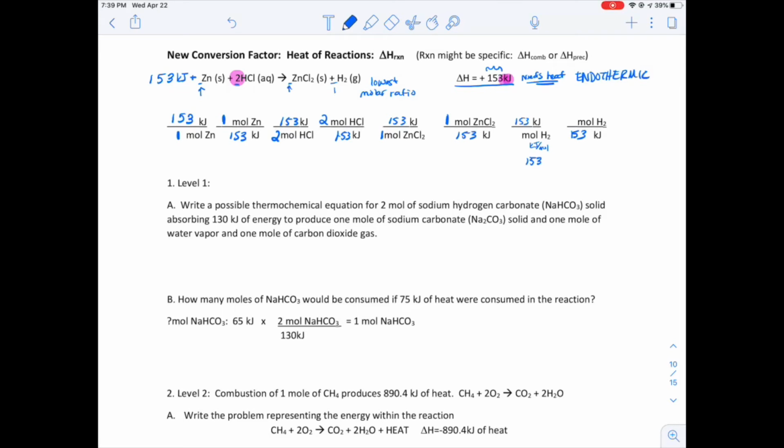And then also our H2 is 1 mole and 1 mole. So you'll notice we basically can take the number that's over here and match it with any reactant or any product and turn energy and relate it to mass.